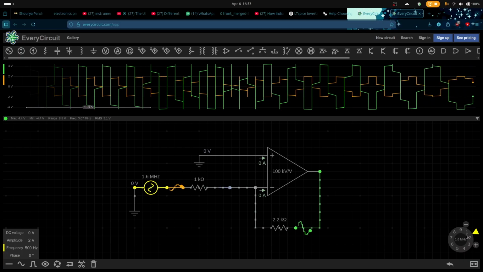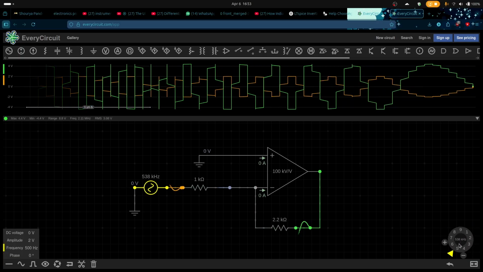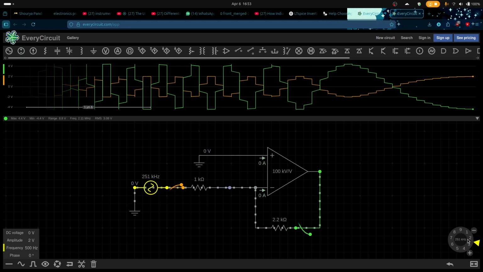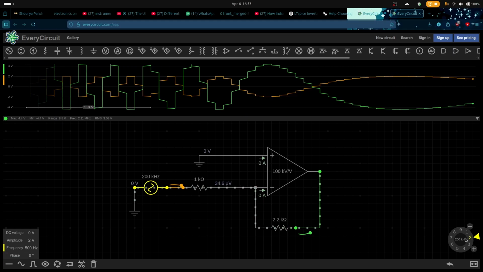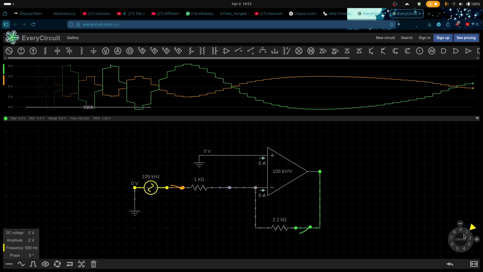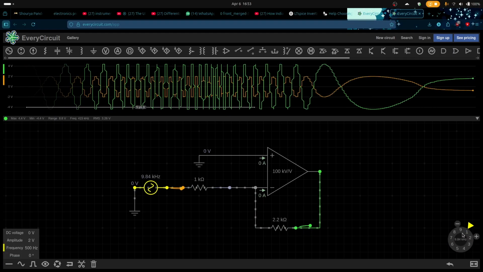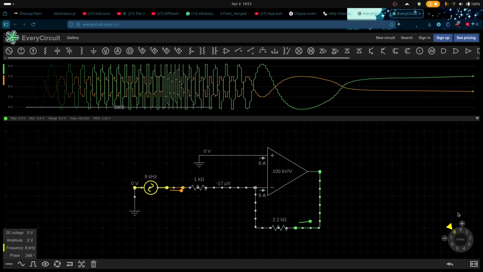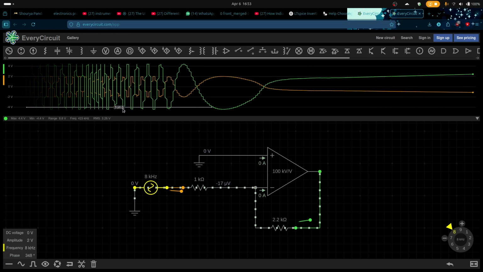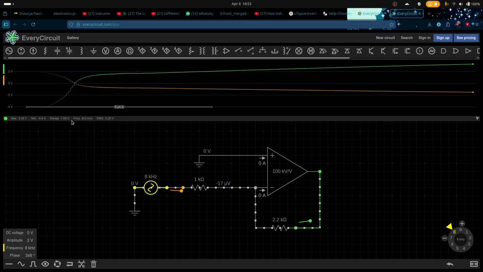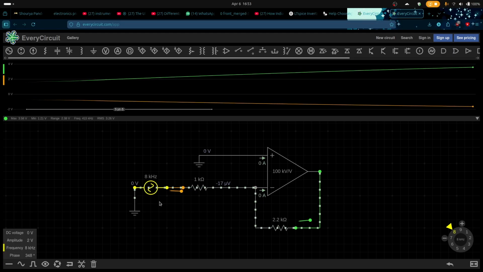Okay, I'll slow down the frequency a bit. You can see there is a bit of distortion. This is because the internal limitations of the op-amp make it do this.